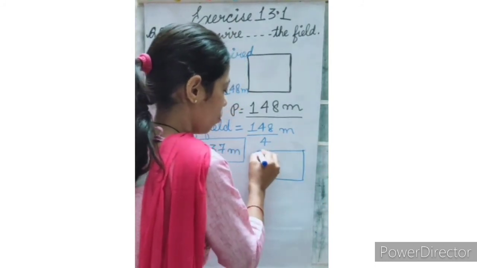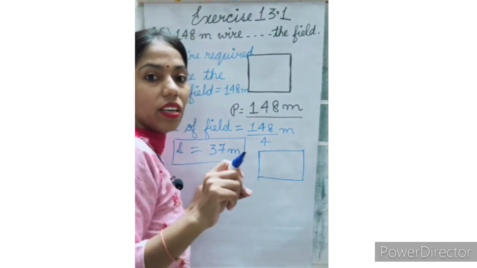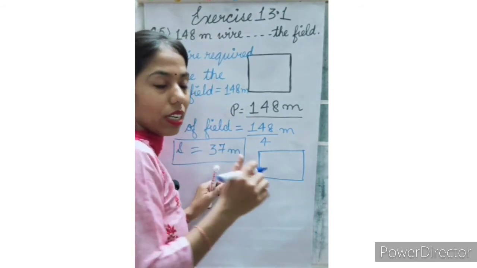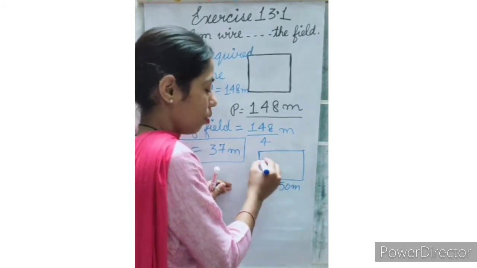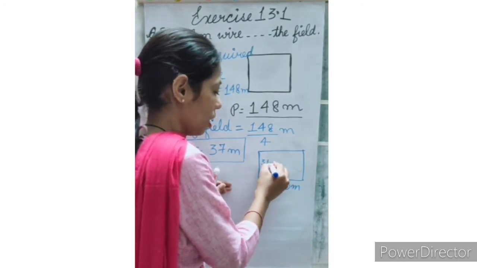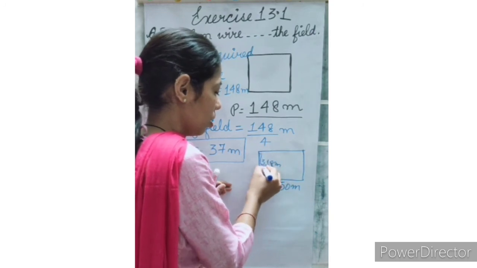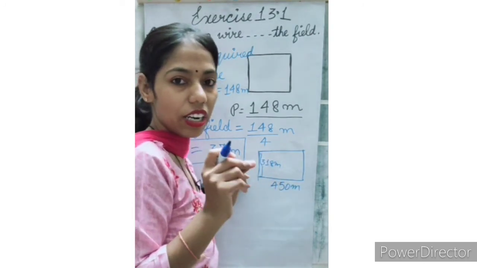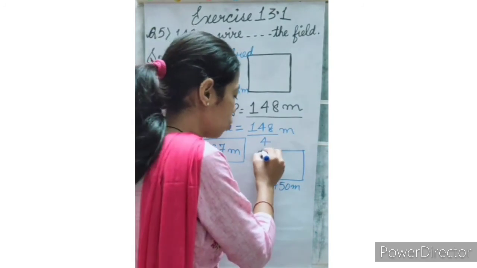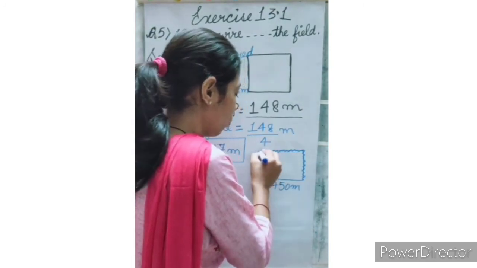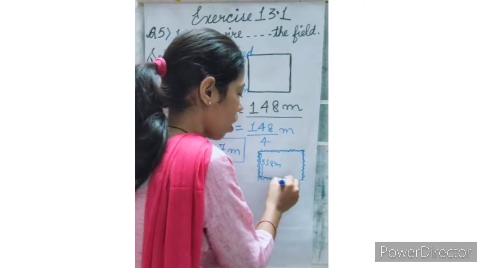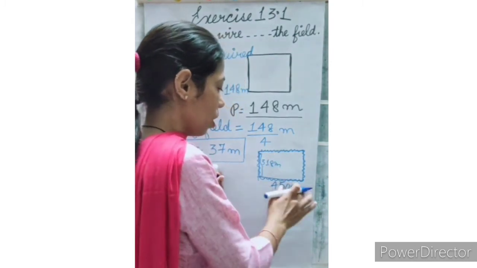A rectangular field is there and the length of the field is given 450 meter and the breadth is given 318 meter. This is the breadth and this is 318 meter. And it has to be fenced by the barbed wire and we have to find out how much wire is required to fence the field.